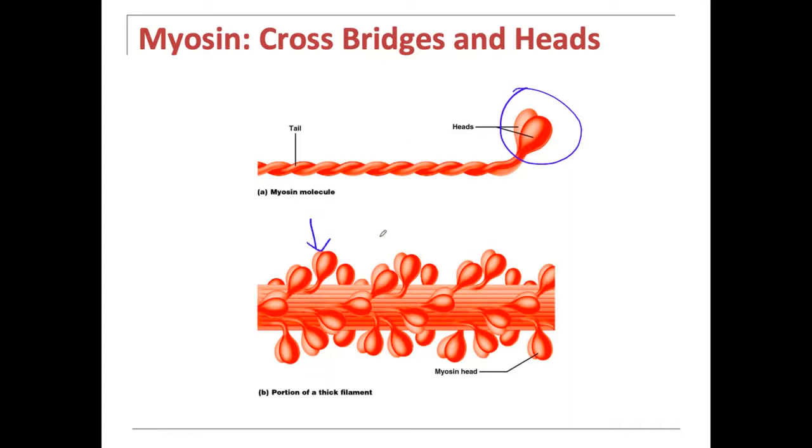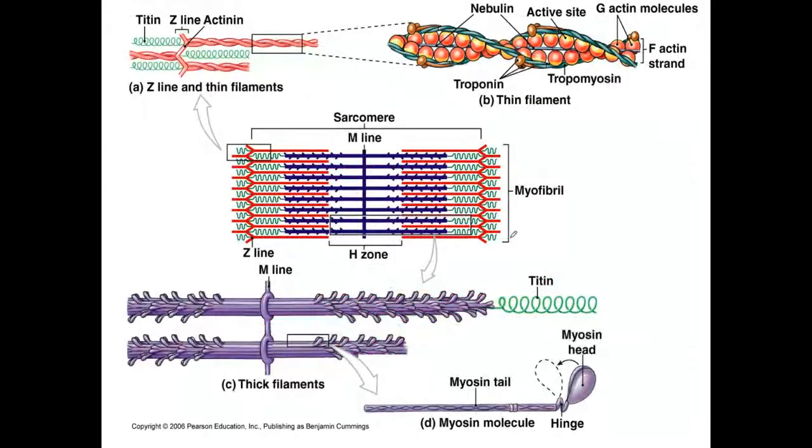Look at all the myosin heads, right? It's not just one. There's so many of these myosin heads, these little hands or fingers that can attach. So think of it as on the bottom right, we have a myosin tail, and then we have these hinges, right? Here's a hinge. Here's another hinge.